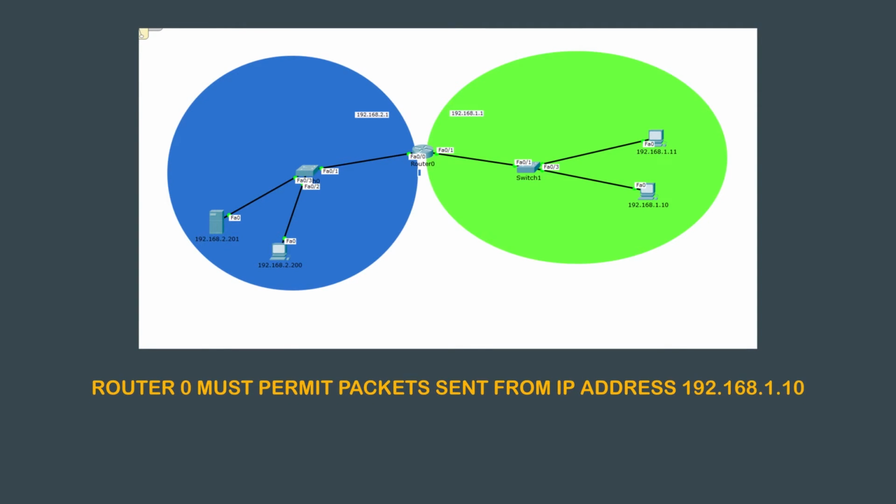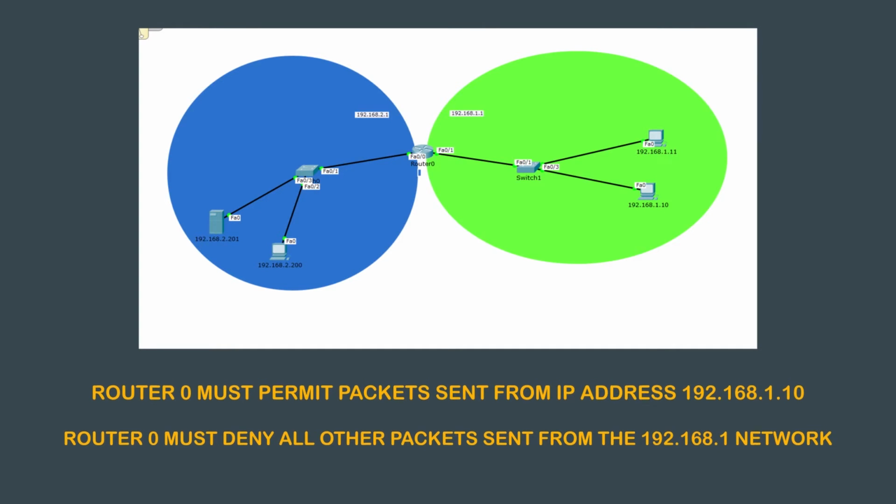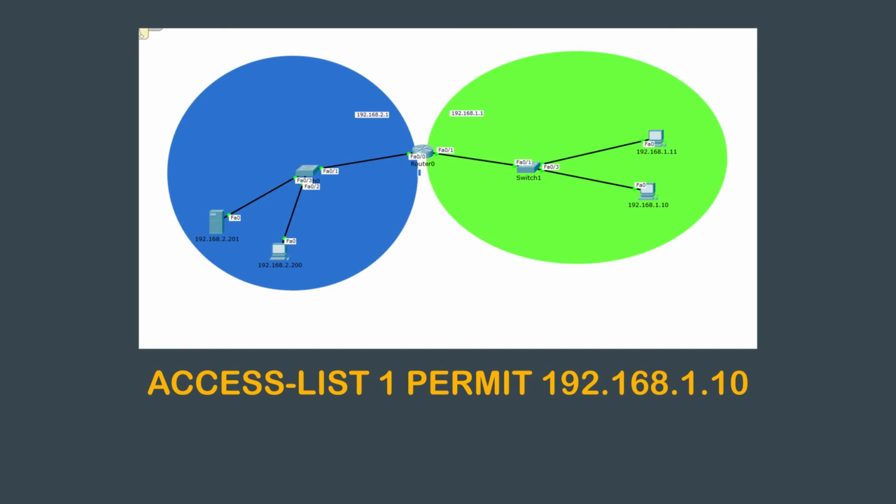Router 0 must permit packets sent from IP address 192.168.1.10. Router 0 must deny all other packets sent from the 192.168.1 network. To configure the first requirement for router 0, execute the command access-list 1 permit 192.168.1.10 in global configuration mode.